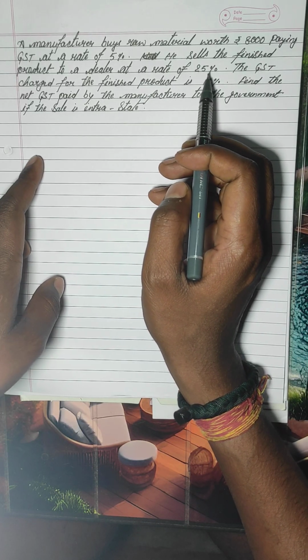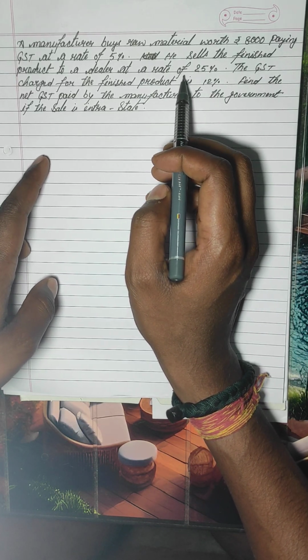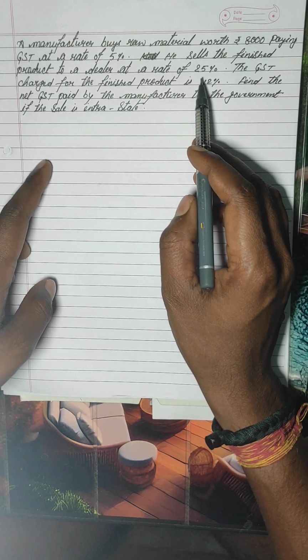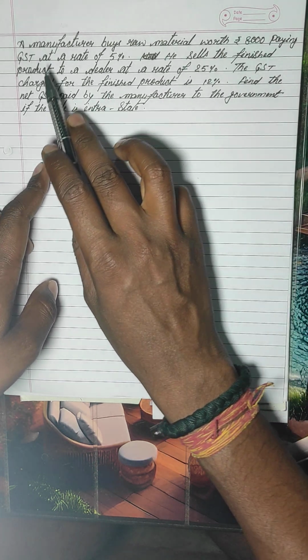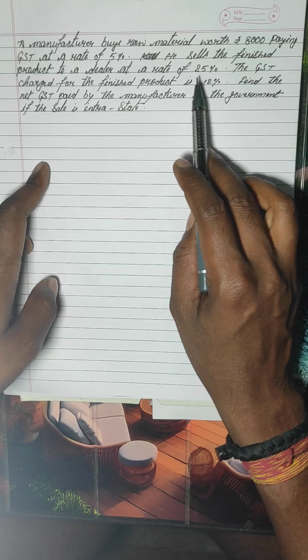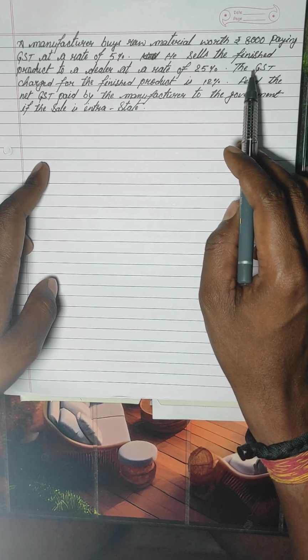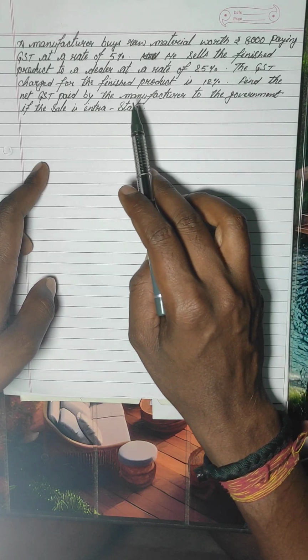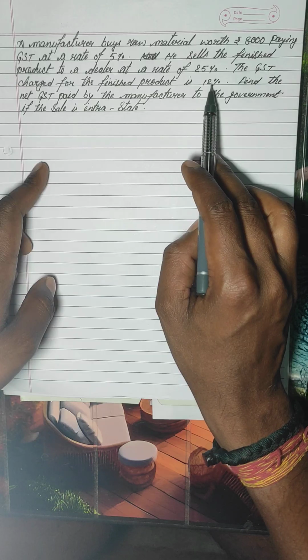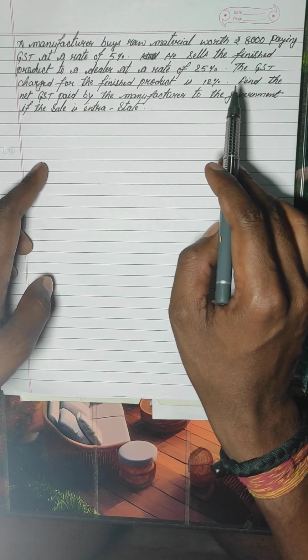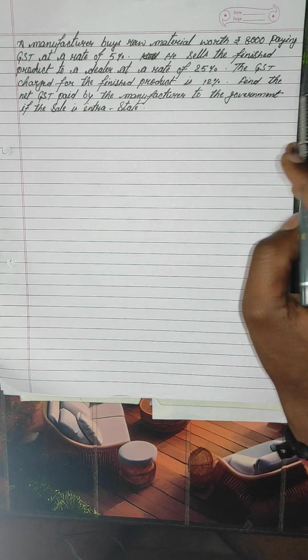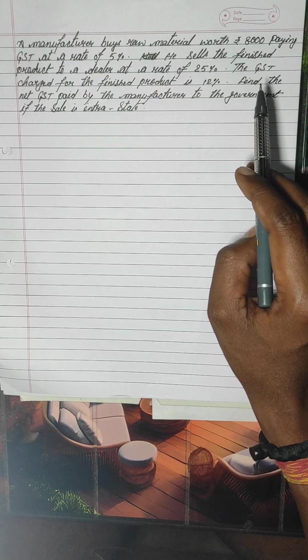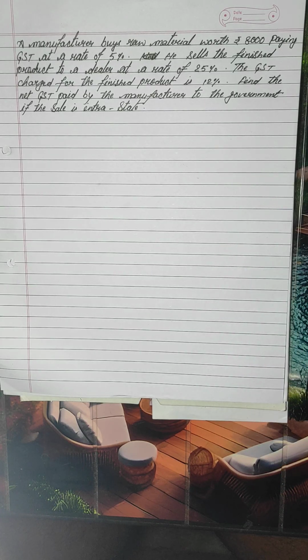The GST charged for the finished product is 12%. Find the net GST paid by the manufacturer to the government if the sale is intra-state. Here also the sale is given intra-state.